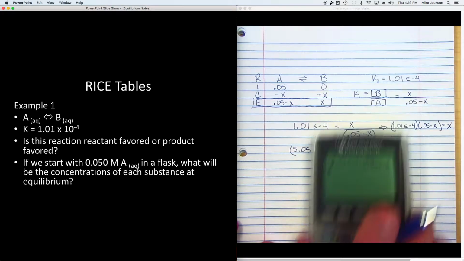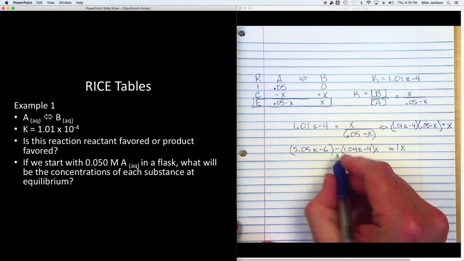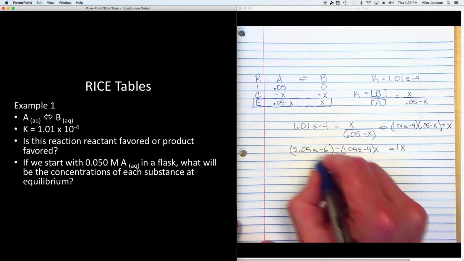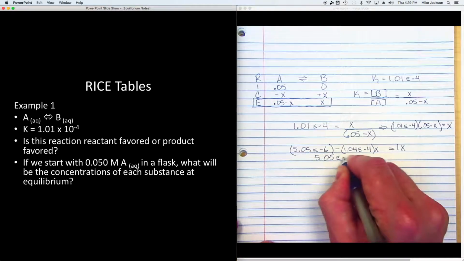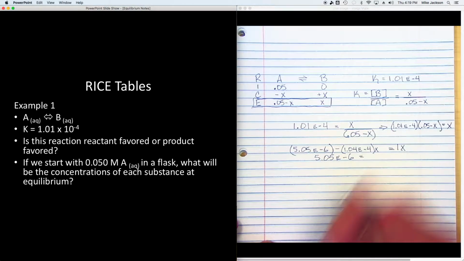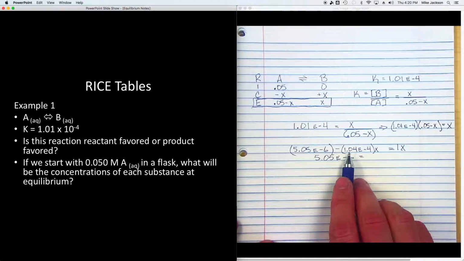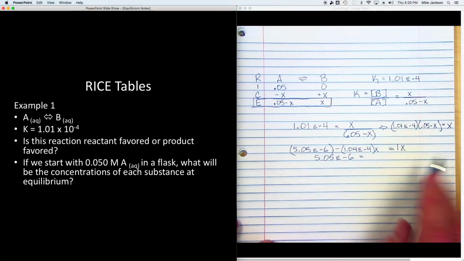So I can take 5.05 times 10 to the minus 6 equals, and this is much easier to do if you translate into the standard notation, 0.000101.